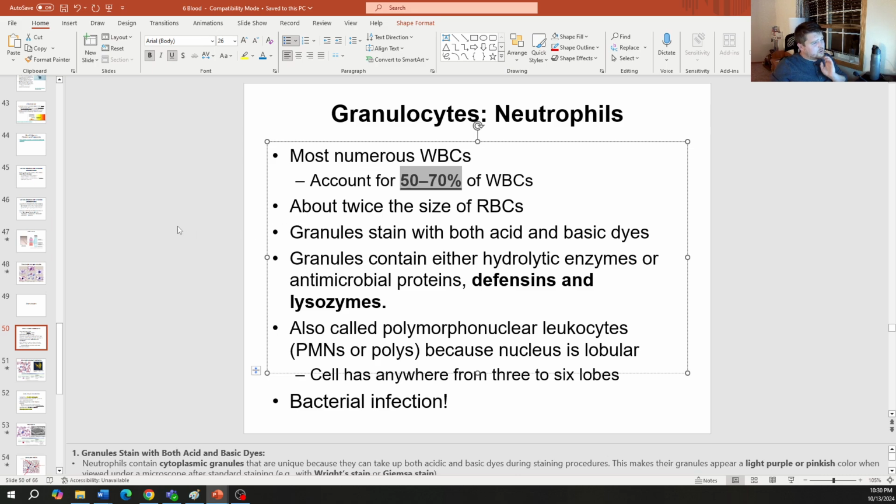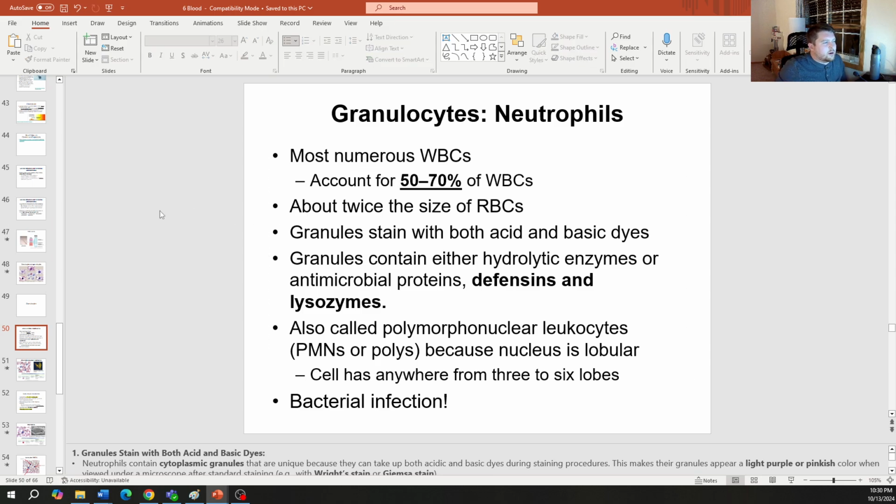You might end up with a question or two about the percentages. They're not super important long term, so I wouldn't worry too much about those, but if you want to remember percentages, you can. So these are the most numerous white blood cells.